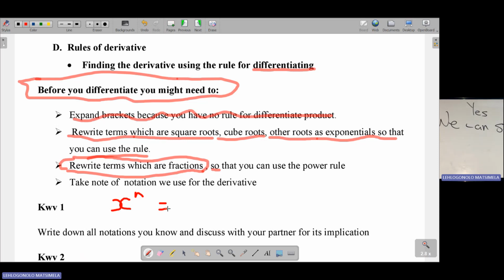Here x is our base, and n is our exponent.